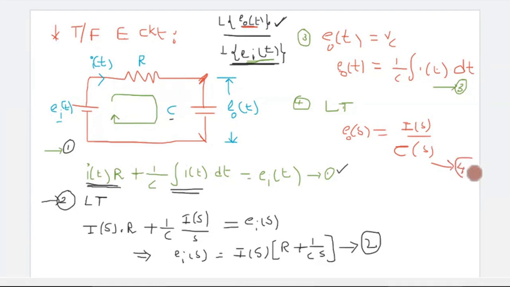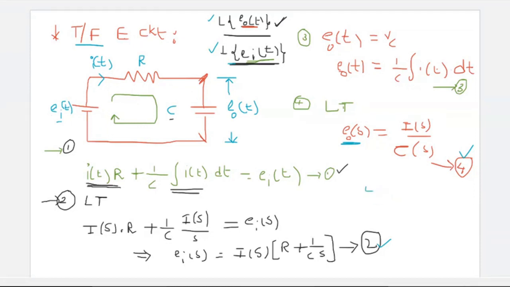Now clearly observe, we got the required equations. For obtaining the transfer function, we require the Laplace transform of the output. From equation number 4, we got the Laplace transform of output. Similarly, from equation number 2, we got the Laplace transform of input. Now, what's the next step?